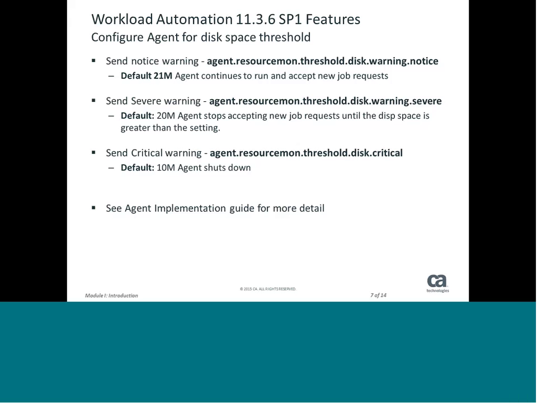And finally, the last setting in there is the critical warning, which has a default of 10 meg. At this point, the agent actually shuts down gracefully and sends, again, the message out to the manager that it's going down. So these are all documented in the agent implementation guide, if you want any more detail on it.